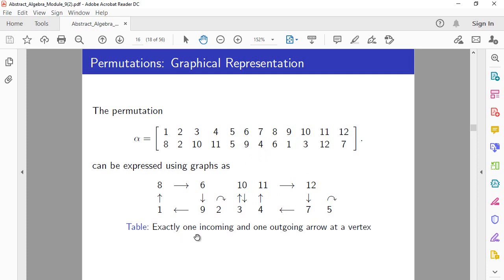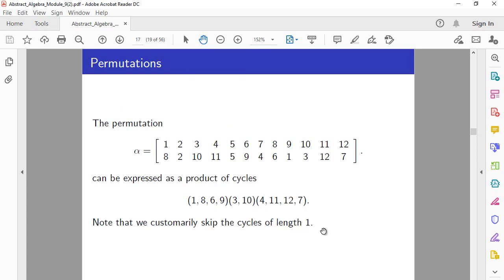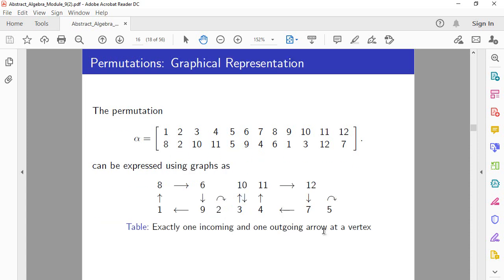So notice that at each vertex there is exactly one incoming and one outgoing arrow. So with this permutation alpha, what we got is that we can express alpha as a product of cycles, disjoint cycles in fact.